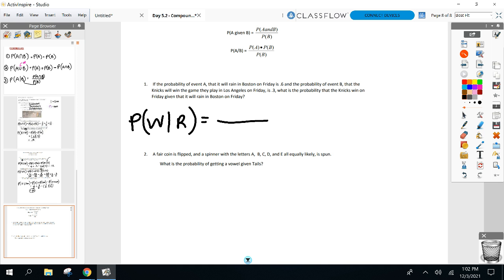On top will be the probability of W and R. Now this is where we've got to be careful and understand the formula completely. What's going to be on the bottom? The probability of whatever was given, which was rain, R. So that's going to go on the bottom.